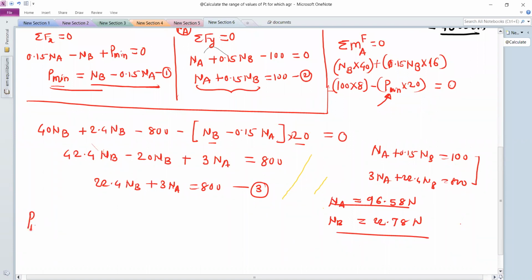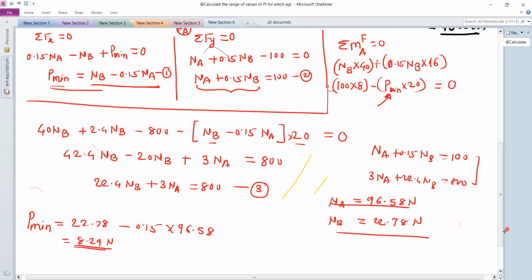So P minimum from equation 1 is equal to, where NB value is 22.78 minus 0.15 into 96.58. So it is 8.29. Okay, so this is the minimum value so that we can maintain the given equilibrium. So this is case 1.